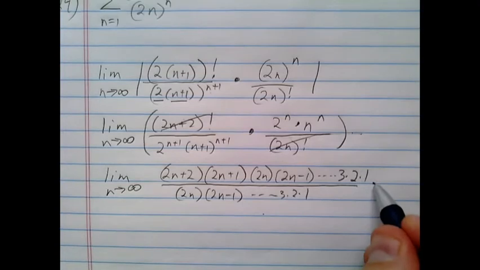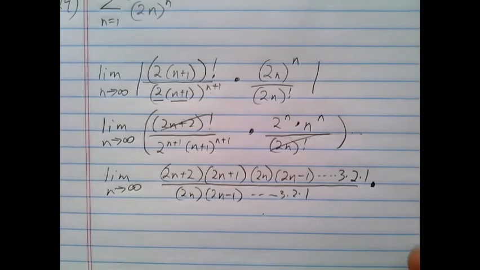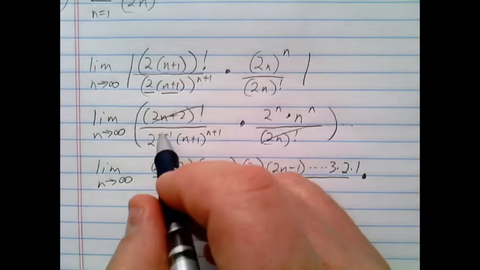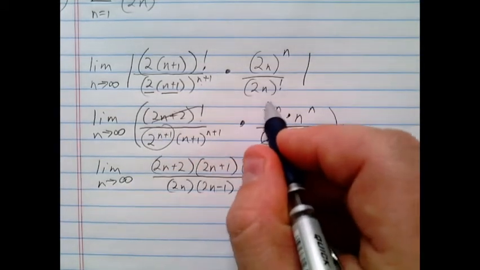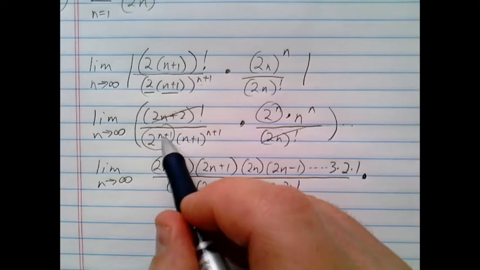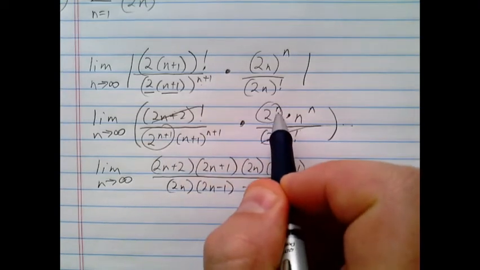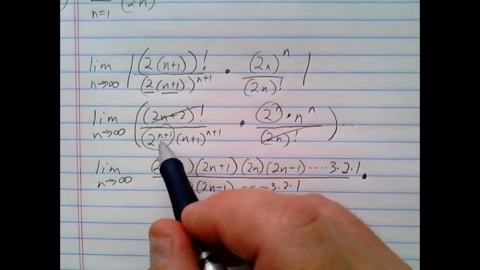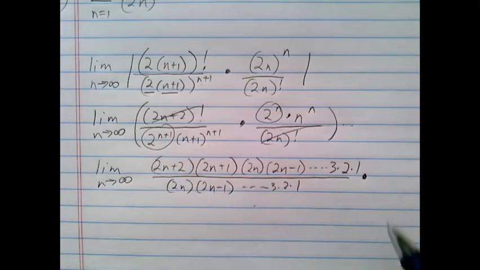Okay, now I still have the other numerator and denominator, but I can knock that down a little bit too. If I focus on 2 to the n plus 1 and 2 to the n, those have exactly the same base, so I can subtract the powers. N plus 1 minus n is just 1. So I'm left with one factor of 2 down here.